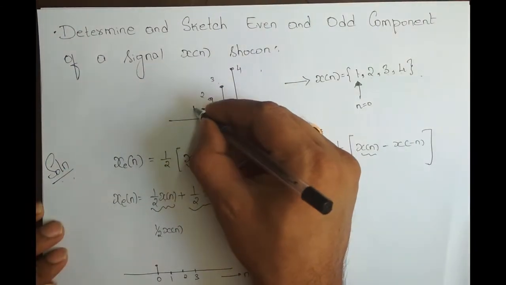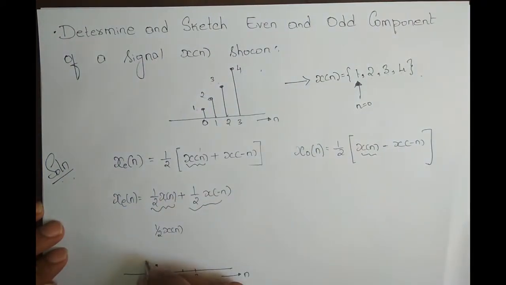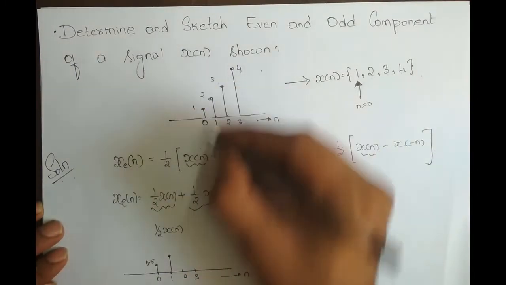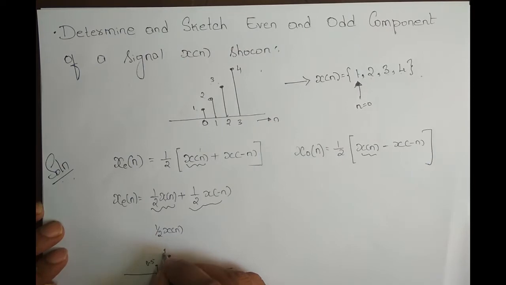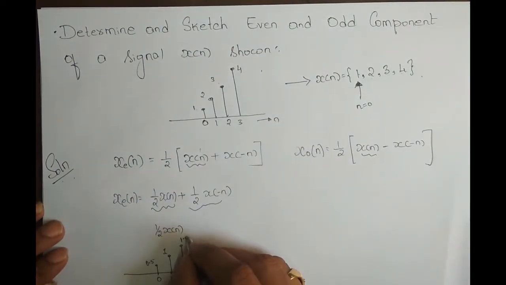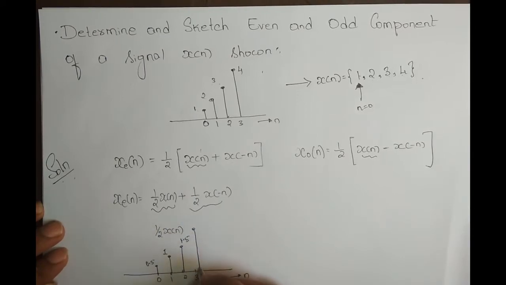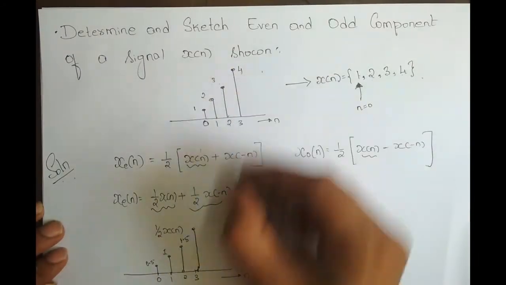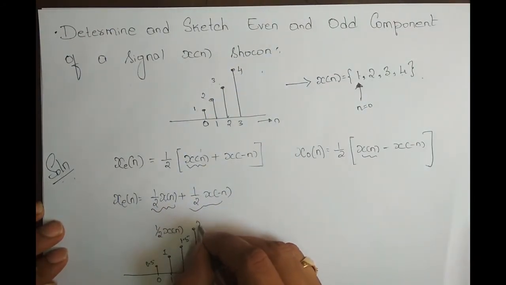At n equal to 0, amplitude is 1, 1 into 0.5 is 0.5. At n equal to 1, amplitude is 2, scaled by 0.5, which is 1. At n equal to 2, it is 3, 3 by 2 is 1.5. At n equal to 3, it is 4, 4 by 2 is 2.